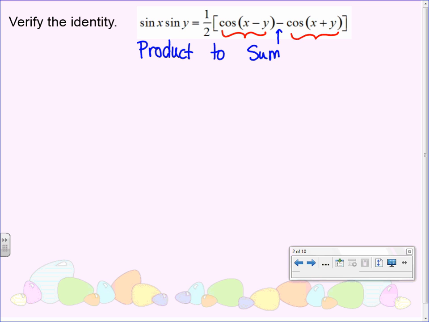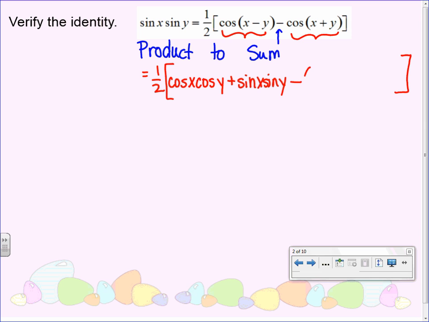So I'm going to bring down my 1/2, bring down my bracket, and give myself a little bit of space. I'm going to expand cosine x minus y using sum and difference. So that's cosine x, cosine y, plus sine x, sine y. Bring down my minus.